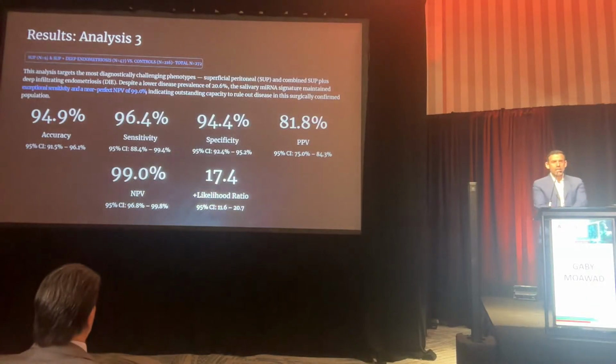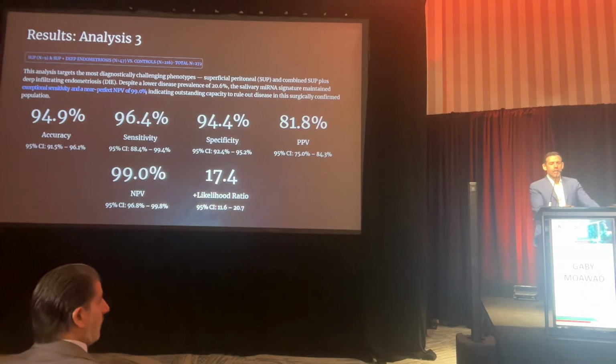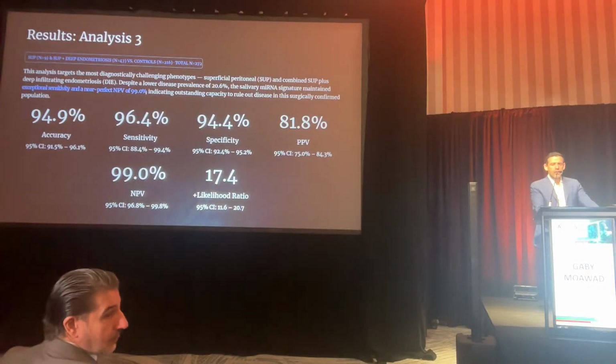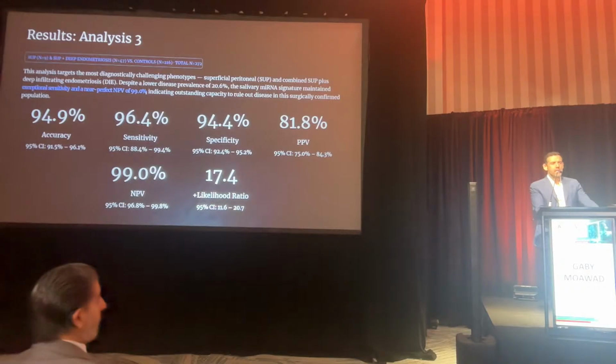And when we do the other challenging diagnostic setting, which is comparing superficial endometriosis and superficial plus deeply infiltrative endometriosis, the test maintained high sensitivity, high specificity, positive predictive value and negative predictive value, and a likelihood ratio that is highly sensitive.